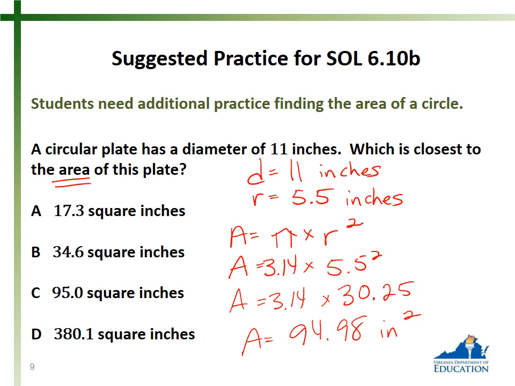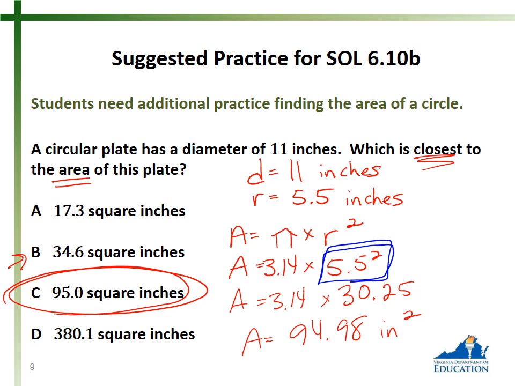And the closest, because it says which is the closest to that, gives us letter C. If for some reason you got letter B, that is because you didn't square this, or you used the diameter instead of your radius. And so it's real careful work to use the area. Make sure you're using radius squared in the equation.